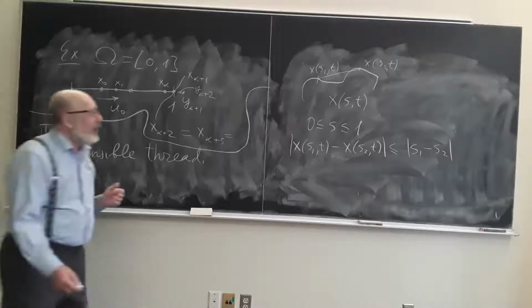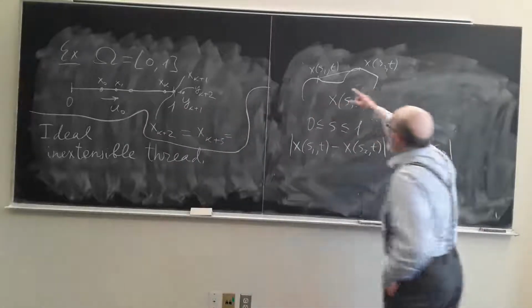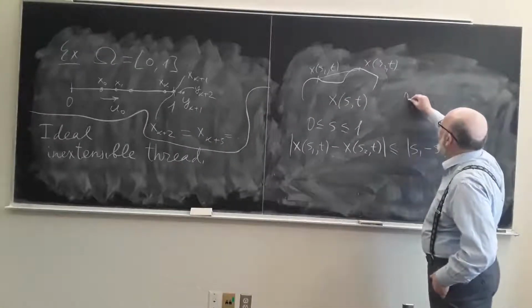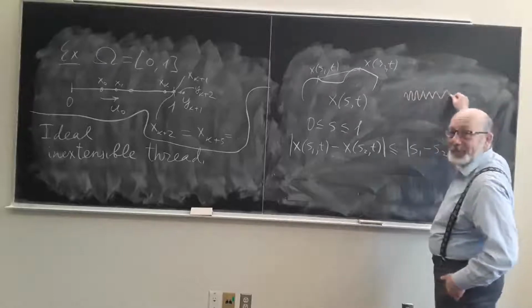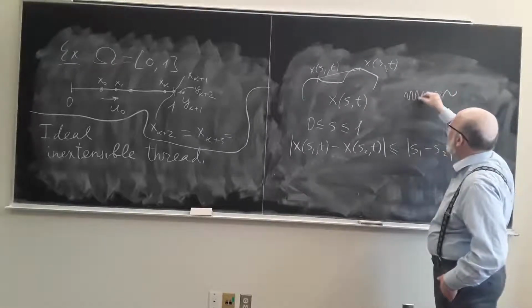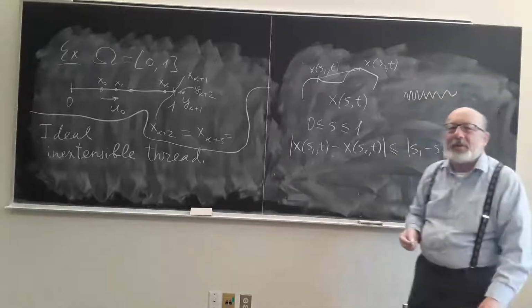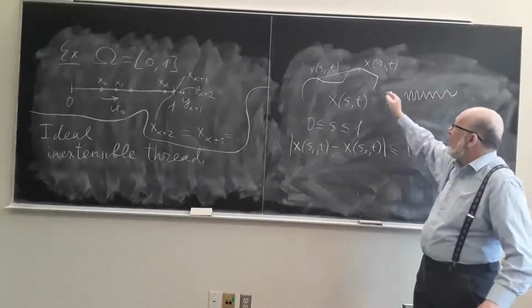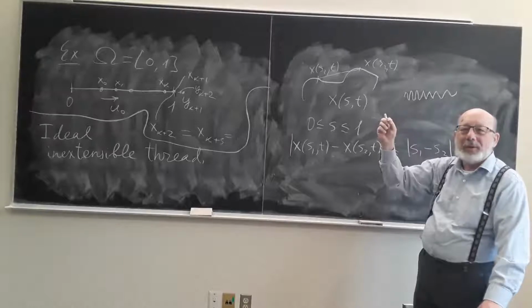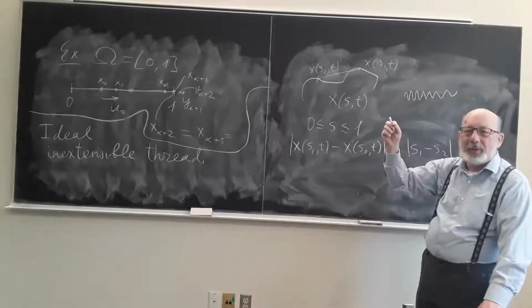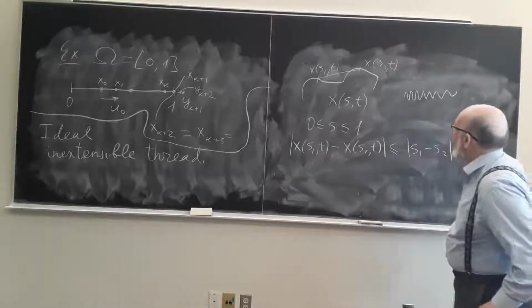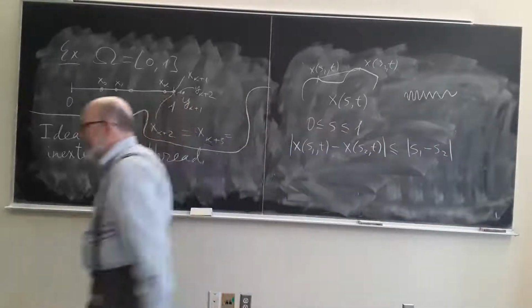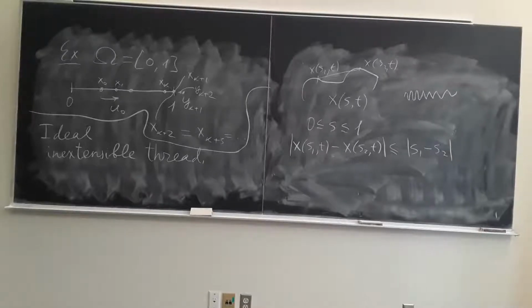So just imagine that we took this thread and made it like this, and these small wiggles can be infinitesimally small. So we can compress this thread, we can even compress all this thread into one point. The thread is soft, so it is possible, but it cannot be extended. So the inextensible thread is something opposite to an incompressible fluid.